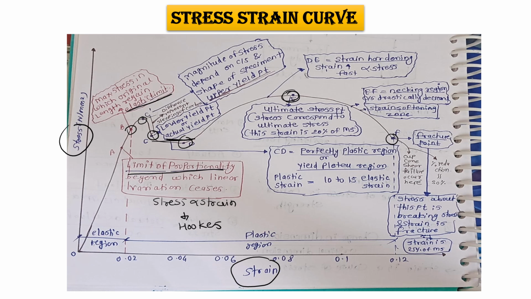D to E is the strain hardening zone, and E to F is the strain softening zone. Then the last point is F, the fracture point. At that point, the stress is the breaking stress, and the strain is the fracture strain. And strain is 25% for mild steel.